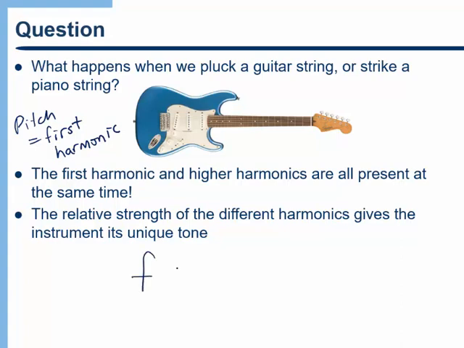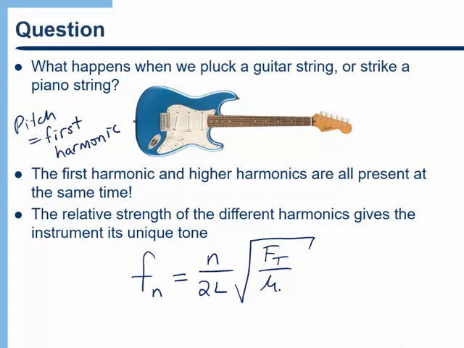I want to look at this formula that we figured out and just talk a little bit more about it. For those of you who play a stringed instrument, especially something like a guitar or a bass or violin, cello, etc., you know that when you want to increase the pitch of a string, you tighten the tuner.